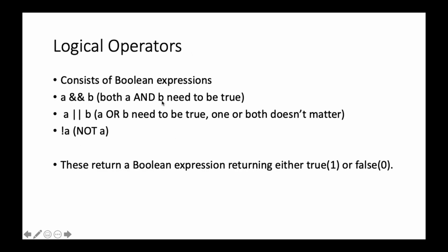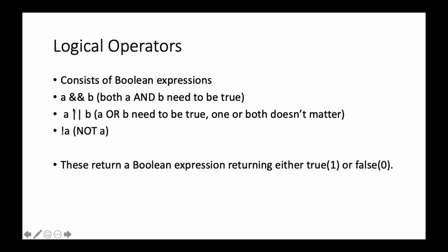Moving on to logical operators, these consist of Boolean expressions, just whether a condition is true or false. So here in the second line we have a and b. In this case both a and b would need to be true for whatever is next to be executed or operated.